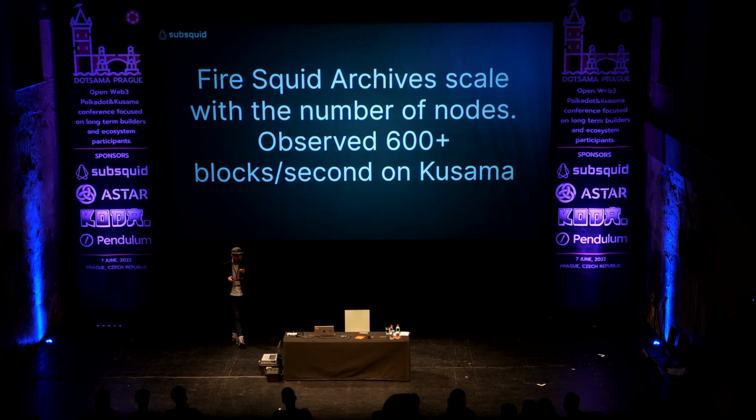So it's horizontally scalable, and as long as your database can tolerate writes, this is the limit. We have observed indexing speeds over 600 blocks per second. So Kusama takes about 20 hours, all 12 million blocks.